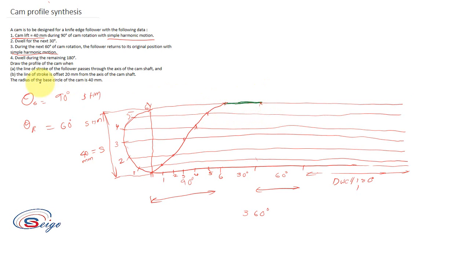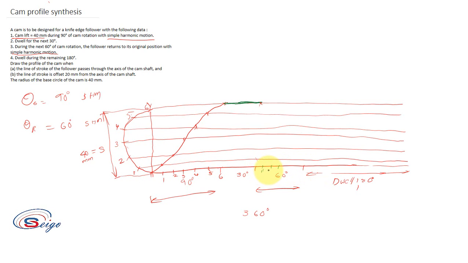So again after that you can see that during next 60 degree of cam rotation, the follower returns to its original position with simple harmonic motion. So next again we have to consider the simple harmonic motion. Already you have divided this into 6 equal parts. So again you have to divide this much of portion into 6 equal parts.